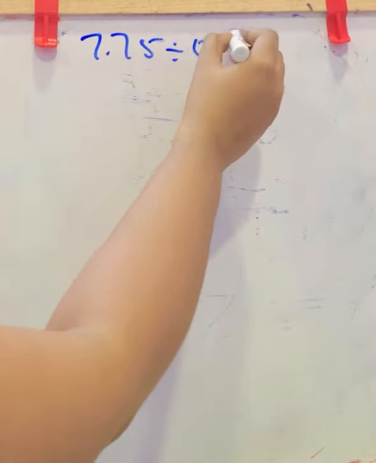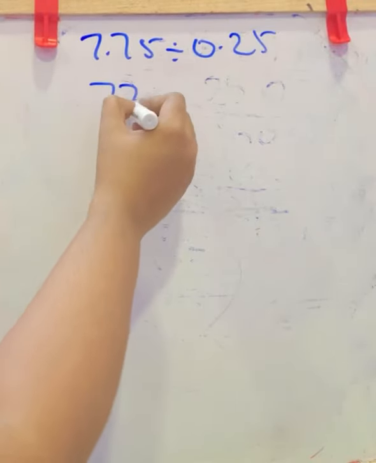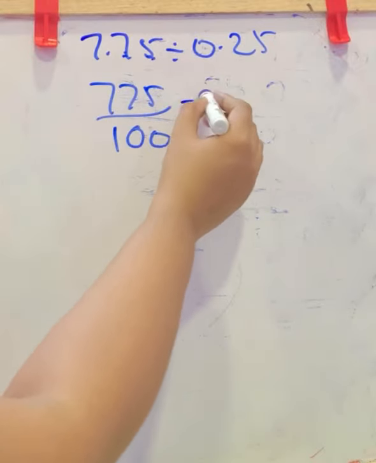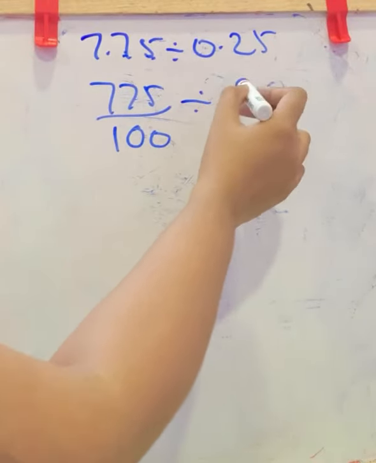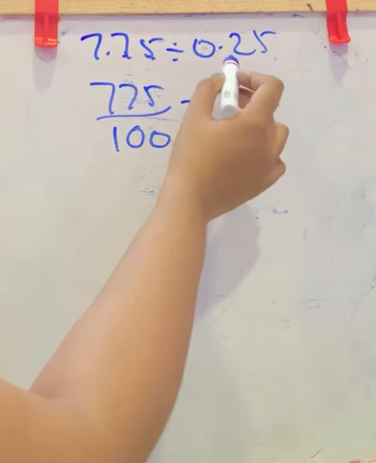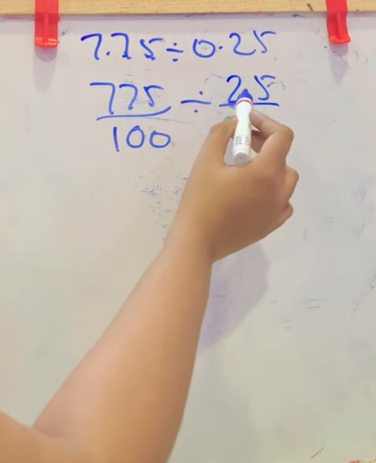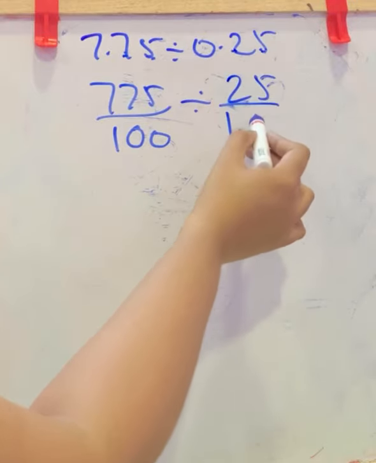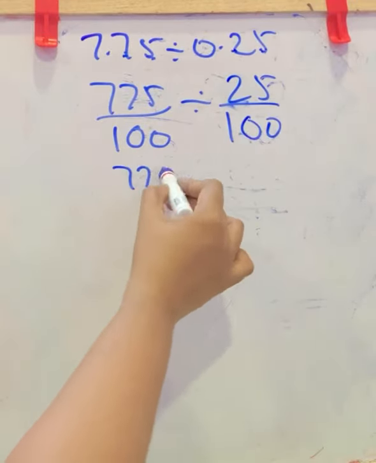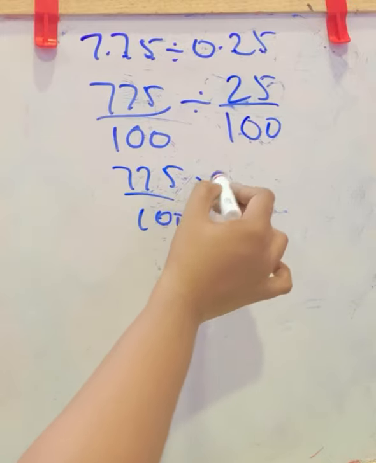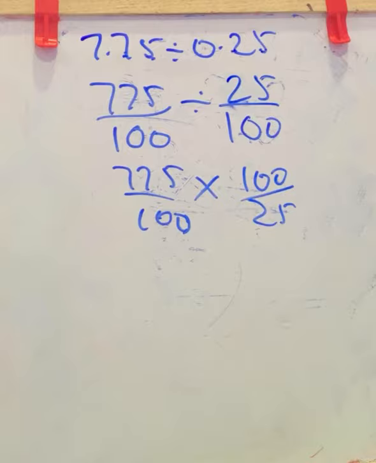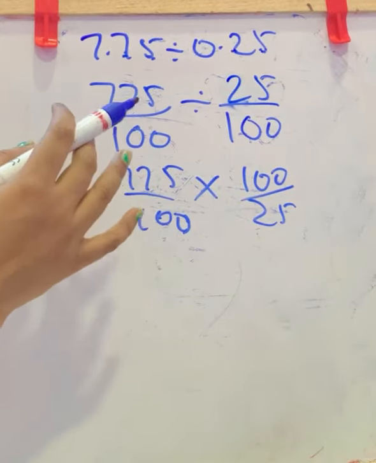7.75 division 0.25. Here this becomes 775 by, here 2 digits, so 1 and 2 zeros. Division 0.25 without decimal you can say 25. Don't want to write the 0 in front of it. By, here 1 and 2 zeros. Here 2 digits after decimal, so 2 zeros. 775 by 100 into, this becomes 100 by 25. Now check. In numerator and denominator you can cut if there is any common factor.